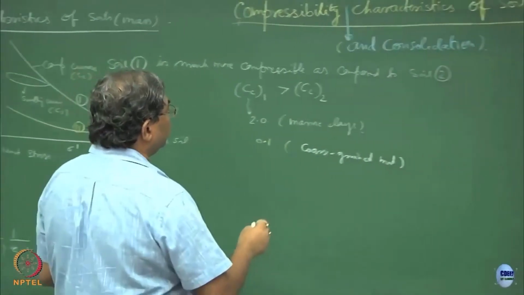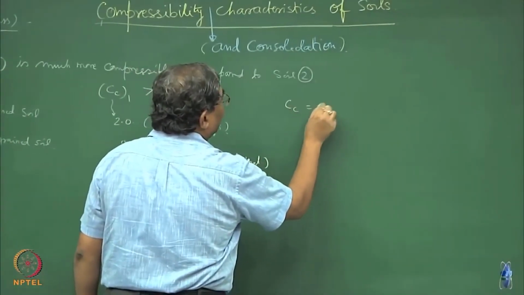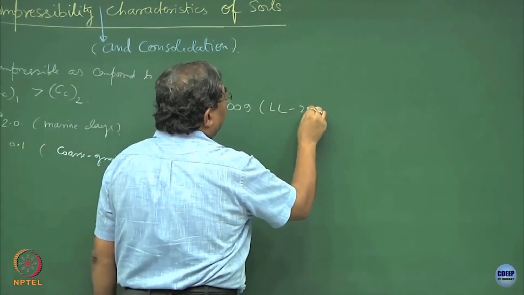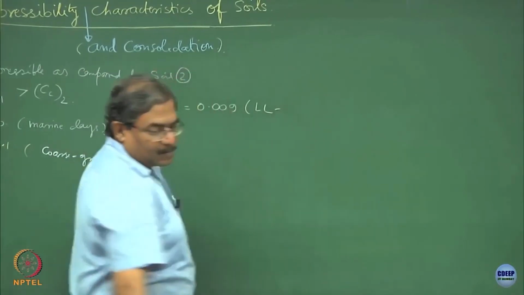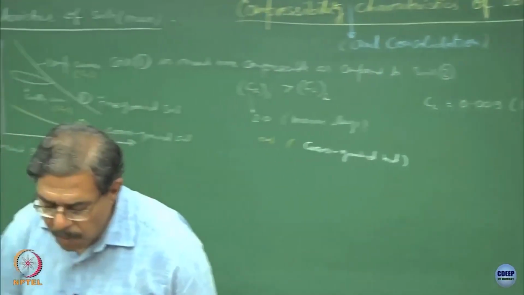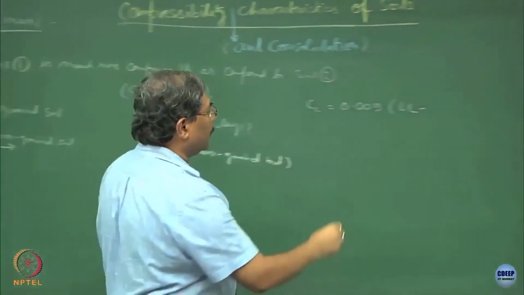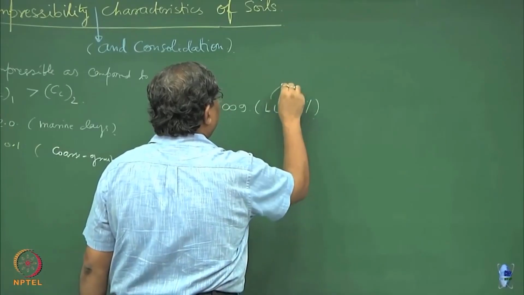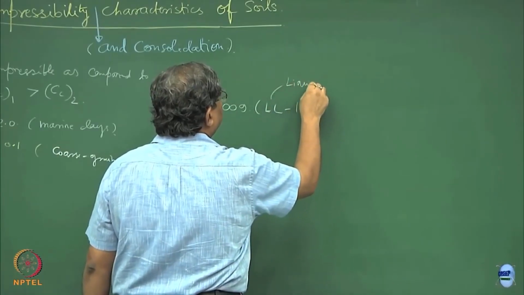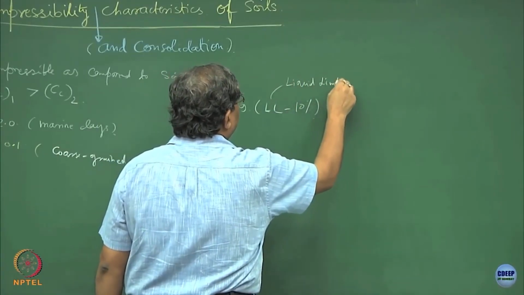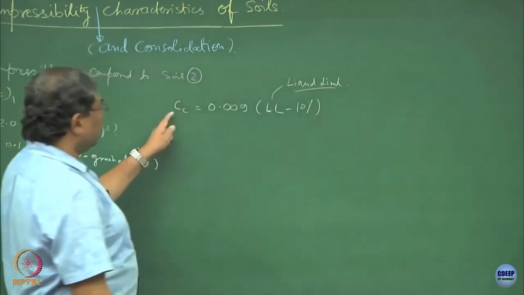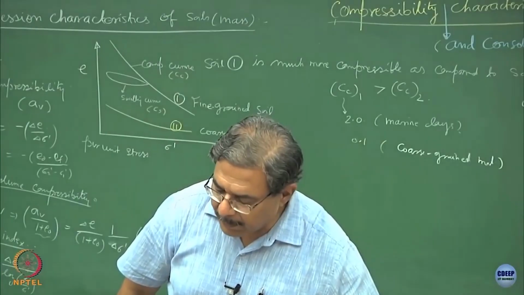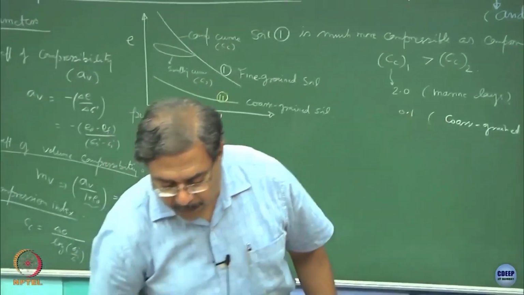Cc is equal to 0.009 (liquid limit minus 10%). This is liquid limit, and this is the value of Cc. It is an empirical relationship which was given by Skempton in 1944.